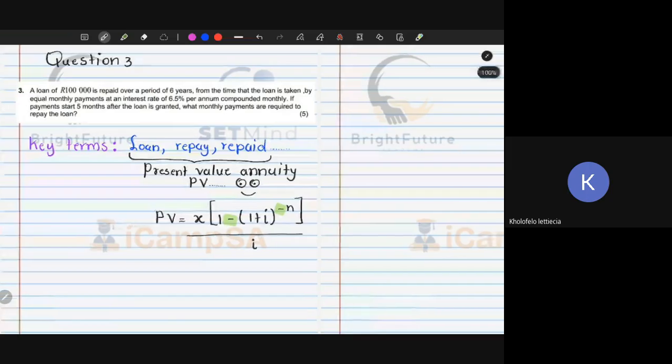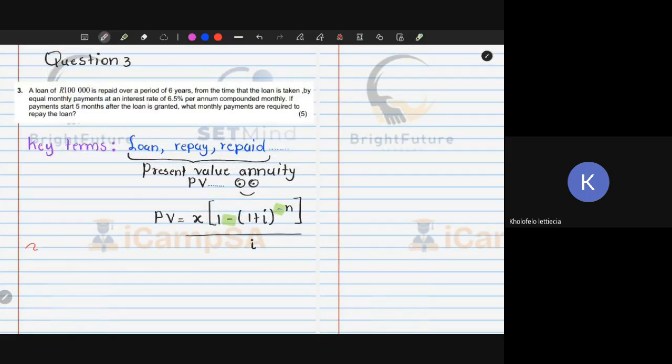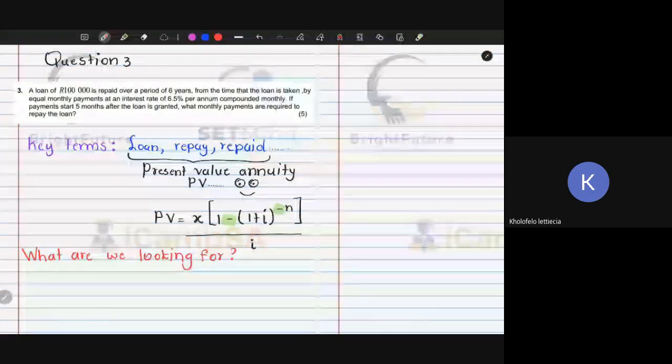Okay. So now that we figured out this is a present value problem, my question, guys, is what are we looking for? Anyone? Because that is very important for us to understand. Before we can try and put pen on paper, I should be clear what it is I'm looking for here.